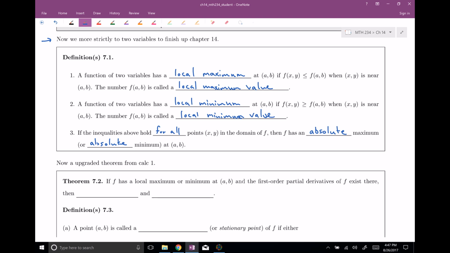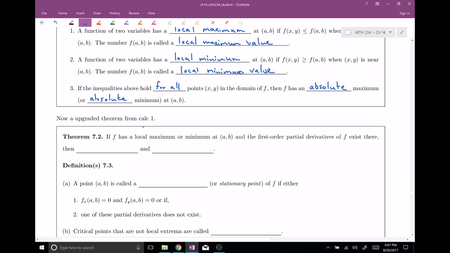All right, so we want to upgrade, and we want to know how do we actually find these things? We are going to upgrade from our Calc 1 days, and we're going to talk about critical points in just a second. Actually, we'll do a theorem first. If f has a local maximum or minimum at this point, then the first order partial derivatives of f exist there, right?